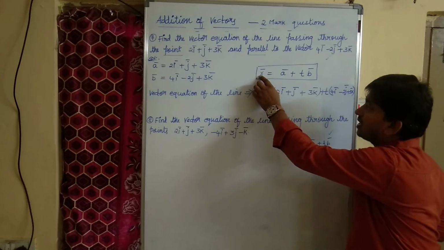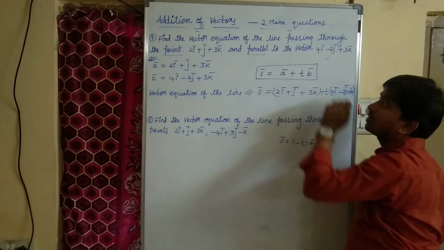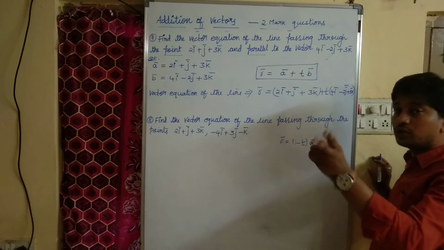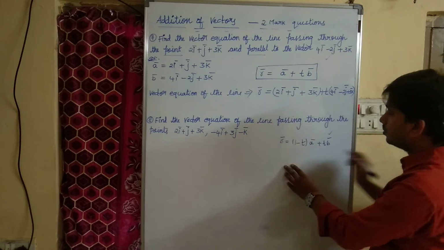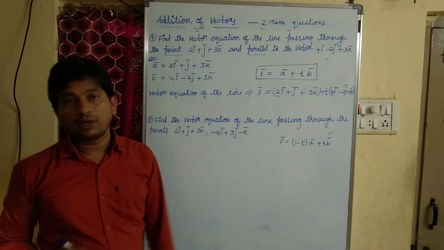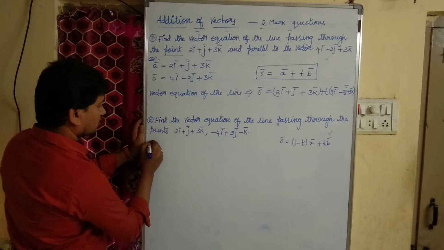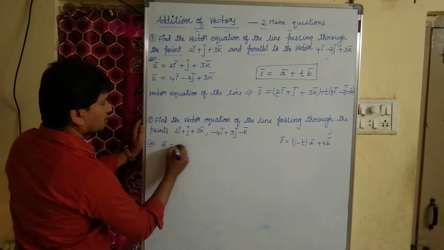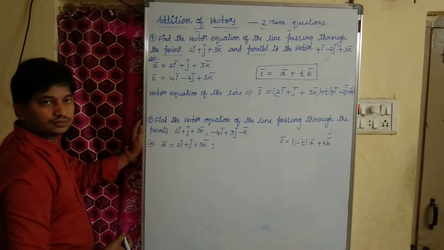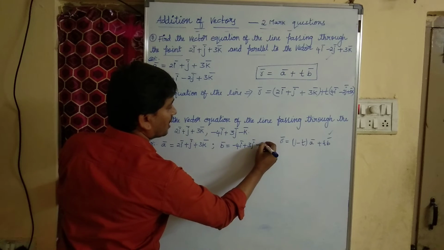Here the formula is r bar equal to a bar plus t b bar, point and parallel to the vector. Right? Here passing through the points, both are 2 points. Right? So r bar equal to 1 minus t into a bar plus t b bar. So given a bar equal to 2i bar plus j bar plus 3k bar, and b bar equal to minus 4i bar plus 3j bar minus k bar.